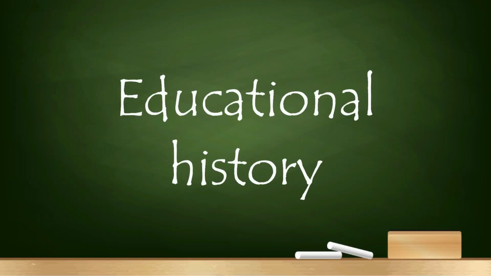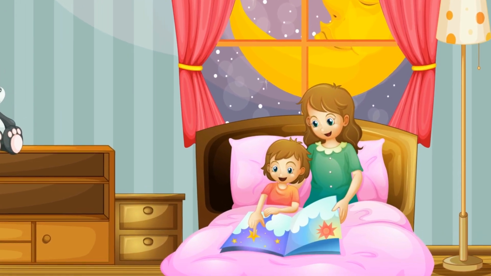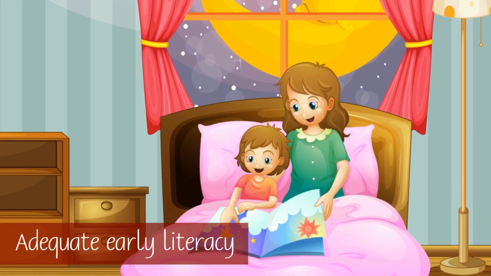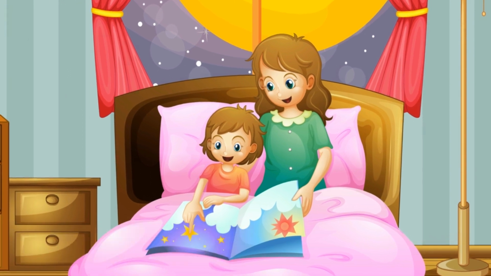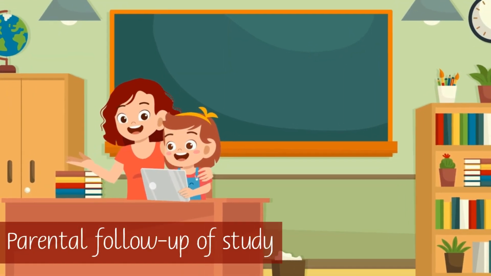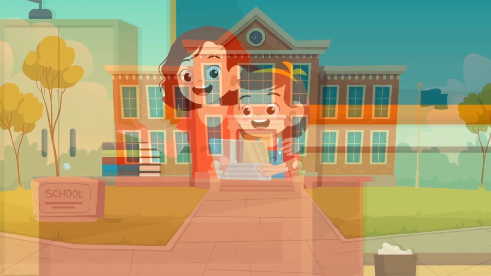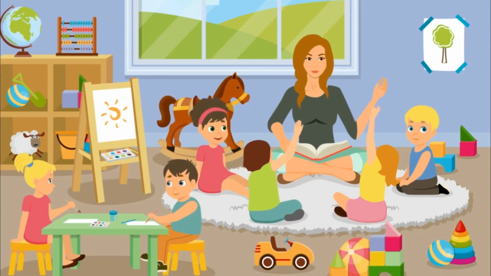Later, the psychologist asked questions related to Seema's educational history. The mother read stories to Seema when she was still a toddler. Thus, Seema was exposed to proper vocabulary and sentence structure early in life. And the mother followed up Seema's study daily at home. Seema attended the same English medium school since the time she was in kindergarten.